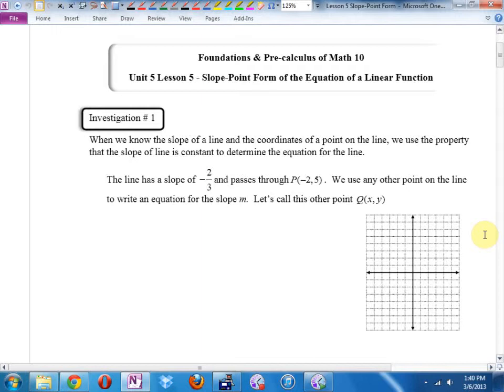This line has a slope of negative 2/3, and it passes through negative 2 comma 5. We use any other point to write an equation for the slope m. Let's call this other point x comma y. We're going to say this is x1, y1.